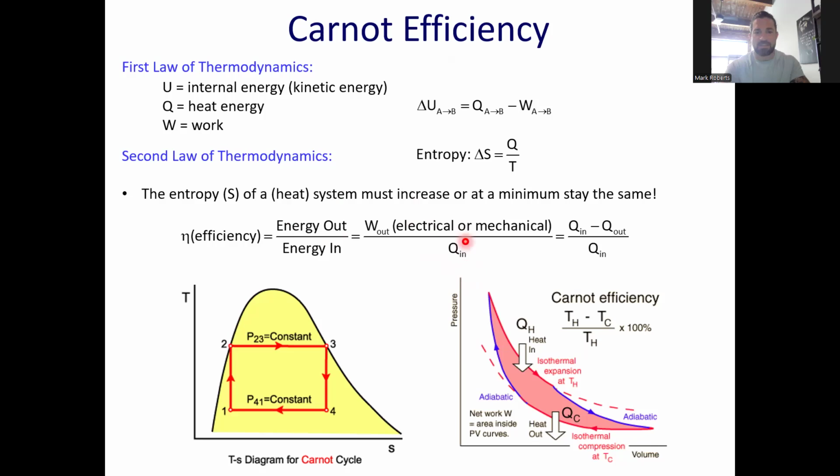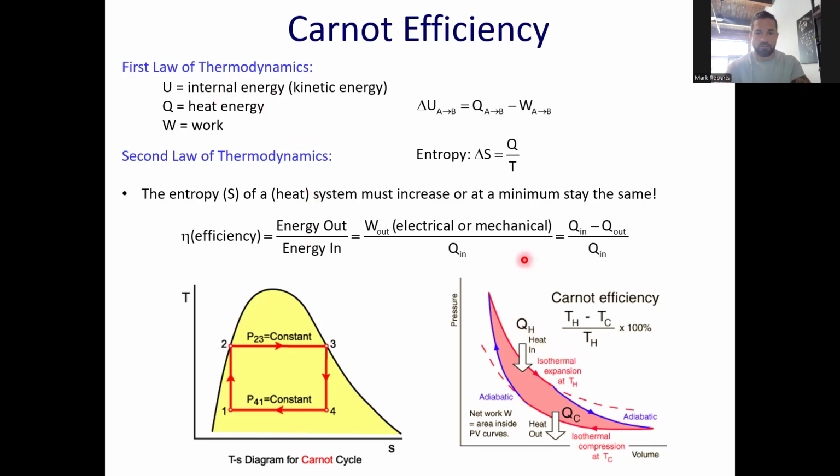We don't take the net Q. We just take the Q required to do heating, because the cooling process, Q cold, is generally done by the ambient. Whatever cold reservoir we have access to, we're not doing any work to get that Q. That's just going to be the environment. The Q hot is where we actually put energy into the system.